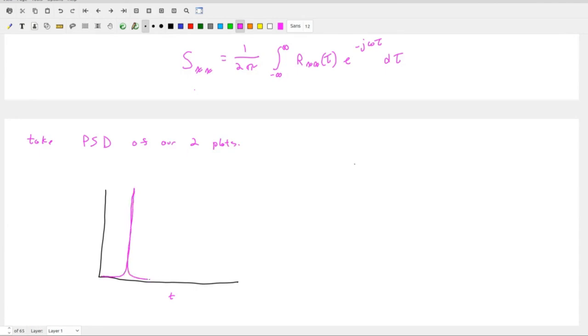a very high spike at the frequency of our signal.